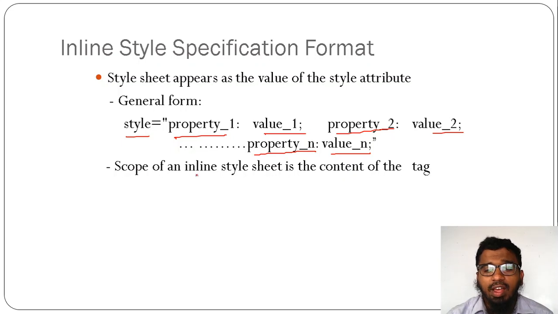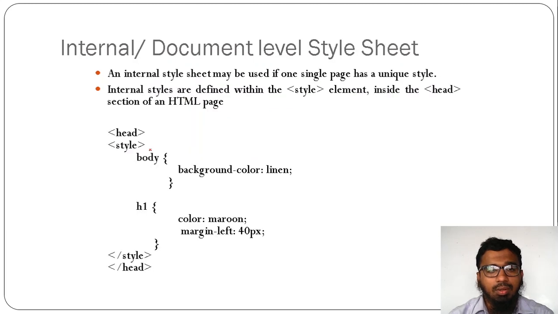The scope of an inline style sheet is the content of the tag. This is like the syntax of the inline style: style equals property 1 colon value 1. If you want more properties, then you need to use the semicolon, otherwise there is no need of a semicolon if you have only one property.